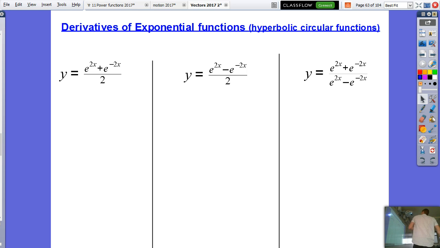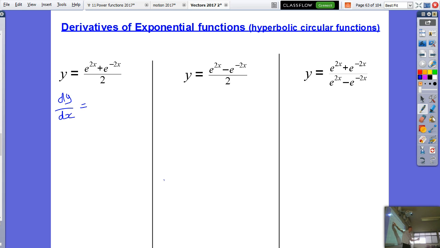Now, essentially when you're differentiating these exponential functions, you treat it normally like we did. The derivative of this kind of function, you've got your factor of a half.